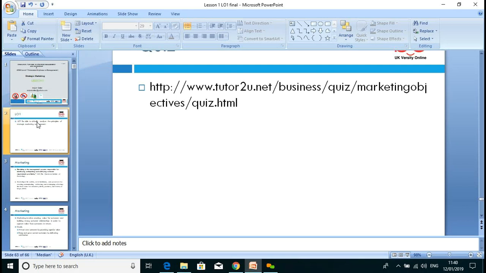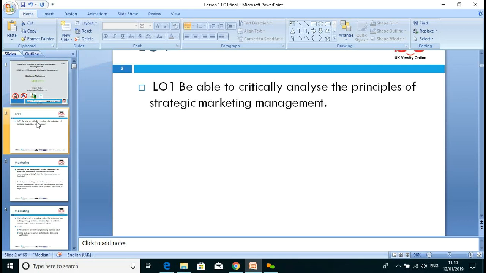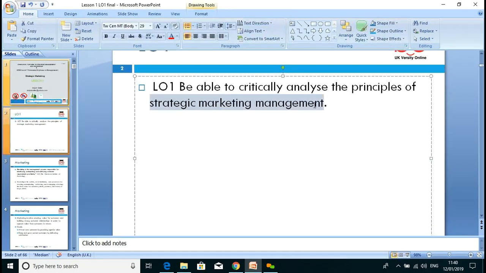So these are today's lesson, and the further lessons will go through LO2. Today's lesson just focused on LO1, where you learn about the principles of strategic marketing management, 4 P's, BCG matrix, and Ansoff matrix.